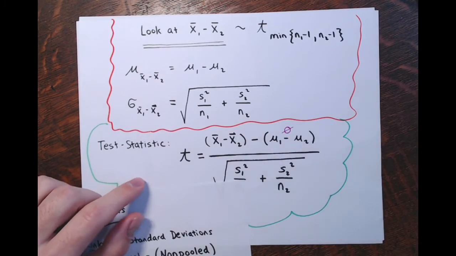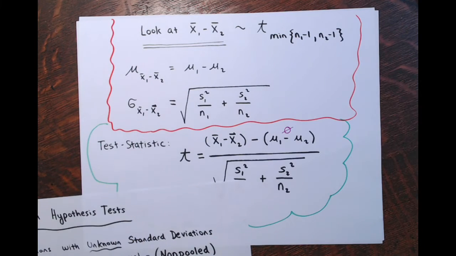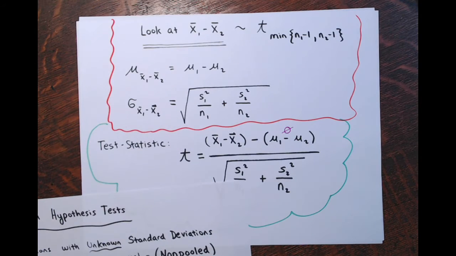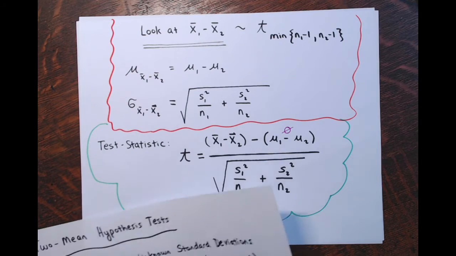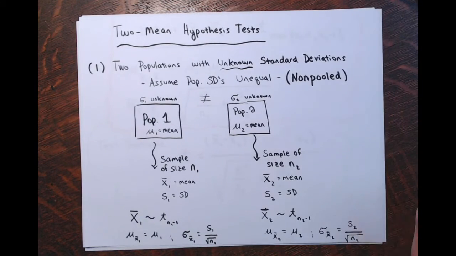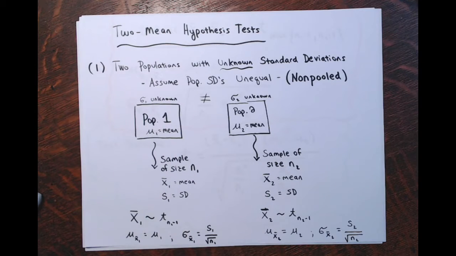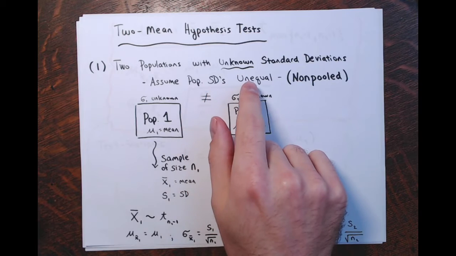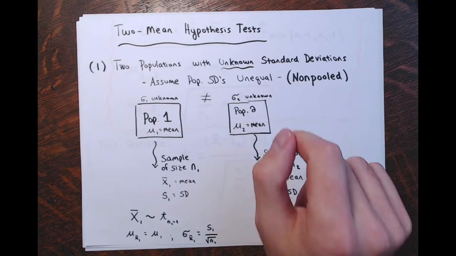This was that non-pooled estimate right here. Well, what resulted when we did no pooling? Hopefully this all rings a bell, when we had two populations with unknown standard deviations and assumed the population standard deviations or population variances were unequal, the non-pooled scenario.